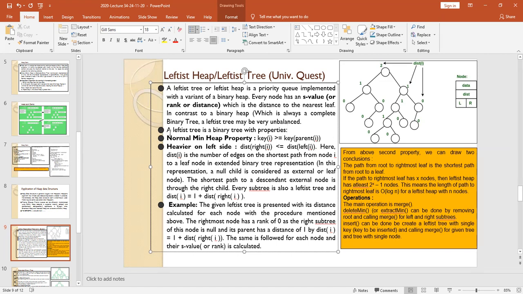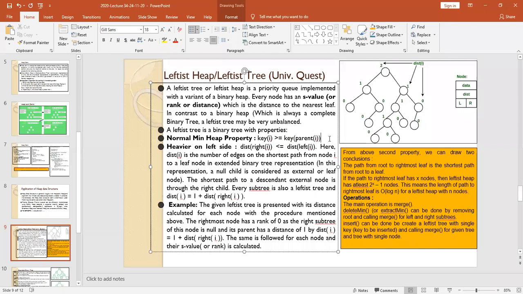So a leftist tree is a binary tree with, first, the min heap property: key of i is greater than or equal to key of parent, meaning children are greater than or equal to the parent. The second one is heavier on the left side.